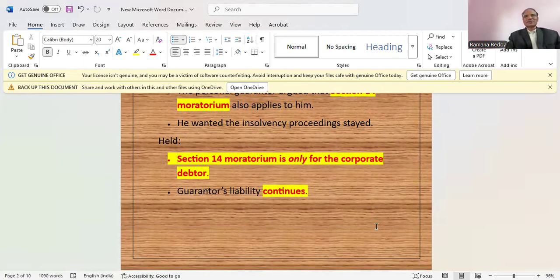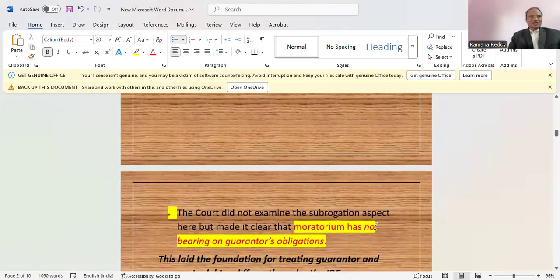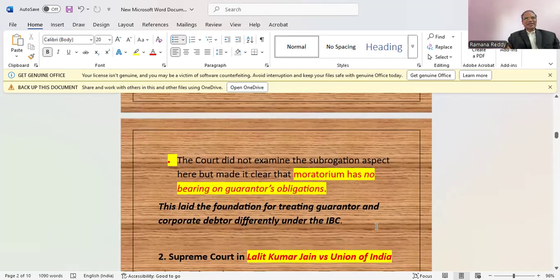Guarantor liabilities continue. The court did not examine the subrogation aspect, but made it clear that the moratorium has no bearing on the guarantor's obligation. So this laid the foundation for treating the guarantor and the corporate debtor differently under the IBC.